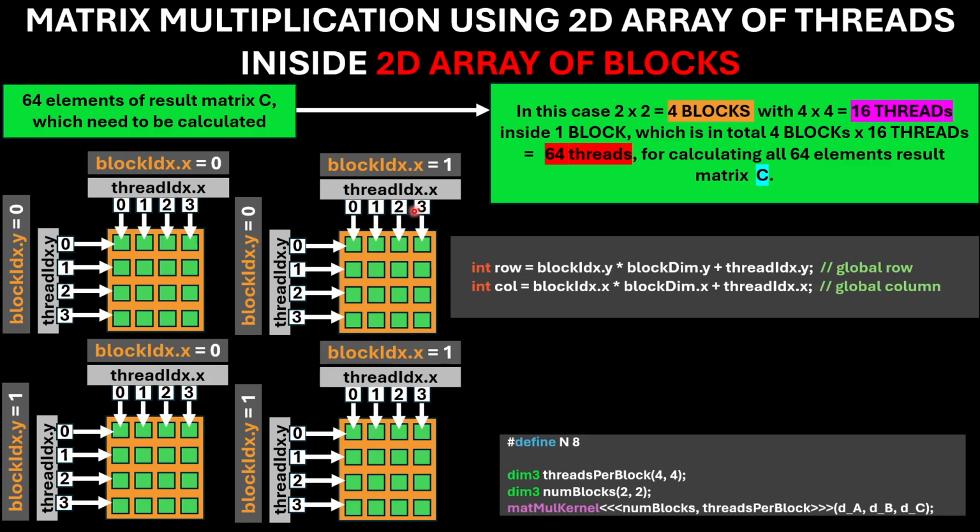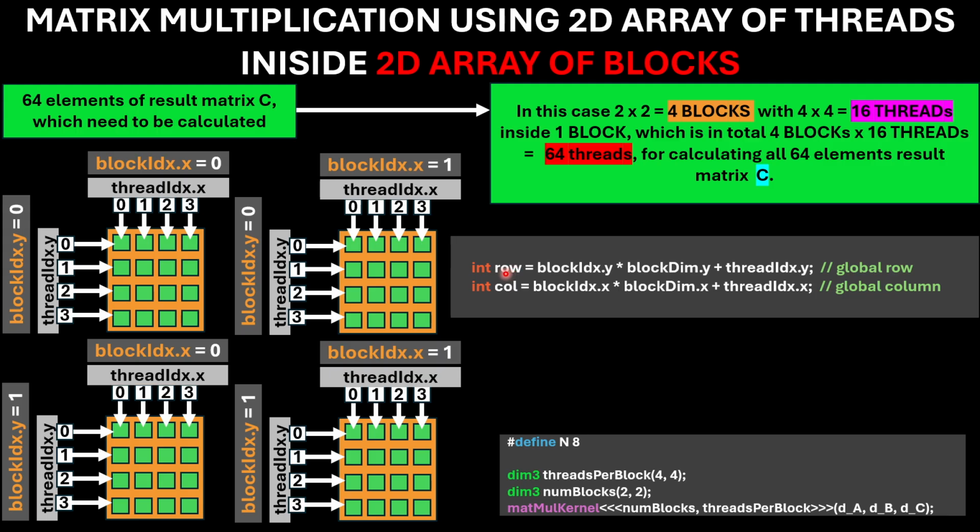And then inside of that block we are searching for the specific thread with the help of threadIdx.x and threadIdx.y, which picks up again the same values as here, but in another block, and that helps us to calculate with arithmetic the specific address of the element inside of memory, where to put the value which we gain in the calculation of the matrix multiplication of row and column elements of matrices A and B. And these threads are calculating the element of the matrix C with the help of these row and column multiplications.